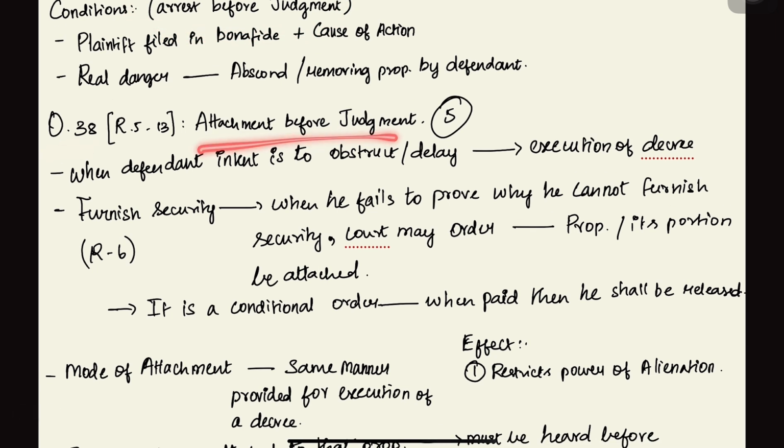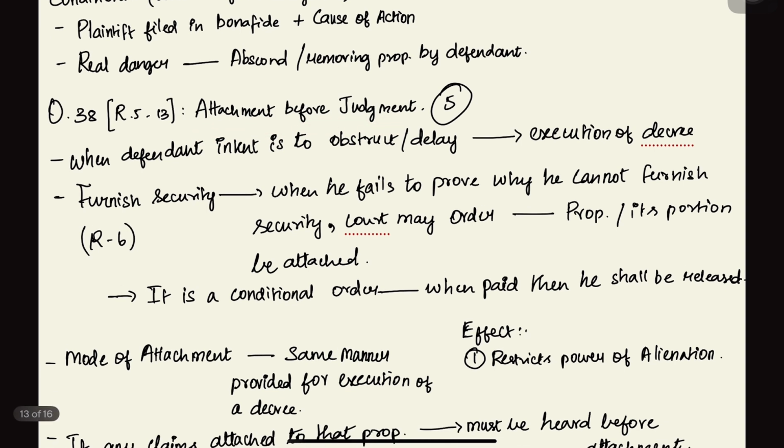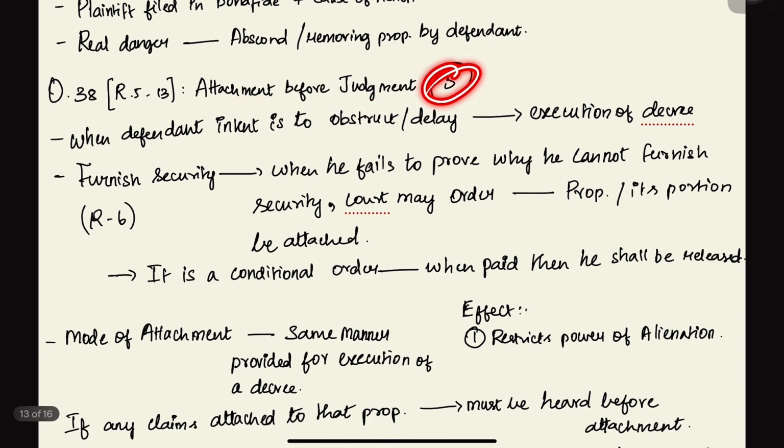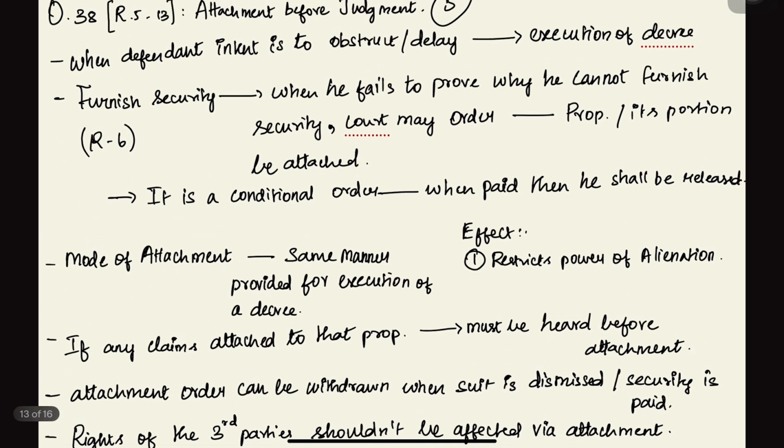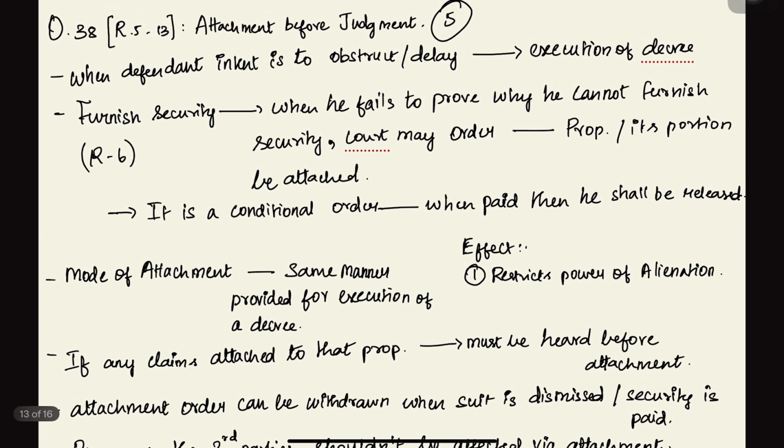And Order 38 deals with attachment before judgment. So Order 38 Rule 1 to 5 deals with arrest before judgment. Order 38 Rule 5 to 30 deals with attachment before judgment, and this is a fifth kind of interim order.